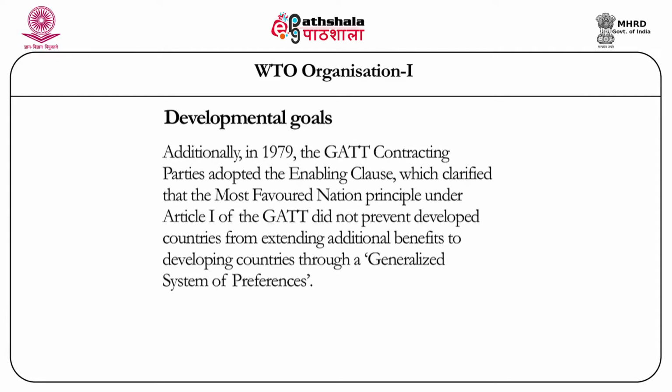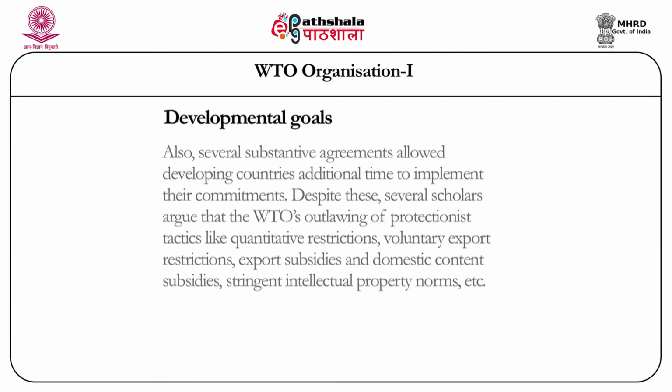Additionally, in 1979, the GATT contracting parties adopted the Enabling Clause, which clarified that the most favored nation principle under Article 1 of the GATT did not prevent developed countries from extending additional benefits to developing countries through a generalized system of preferences. Also, several substantive agreements allowed developing countries additional time to implement the commitments.